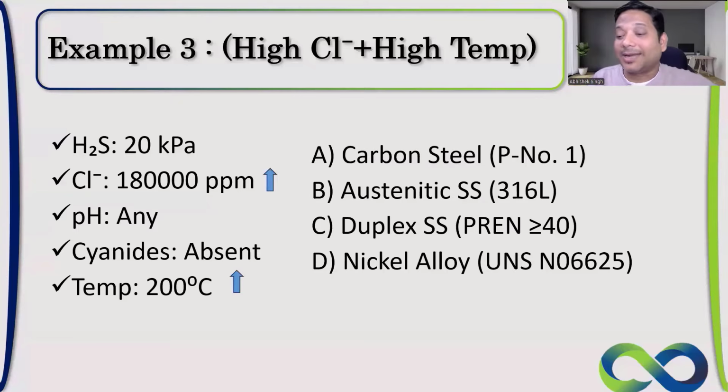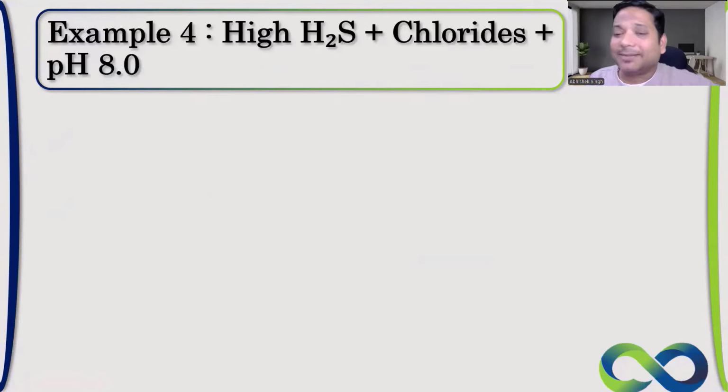Okay. If the chloride content is much lower, then you can use SS. Okay. So in this case, you'll go with duplex. Okay. So up to 200 degrees Celsius, and partial pressure of H2S is not very high. Okay. Still, it is in lower case, or you can say that medium.